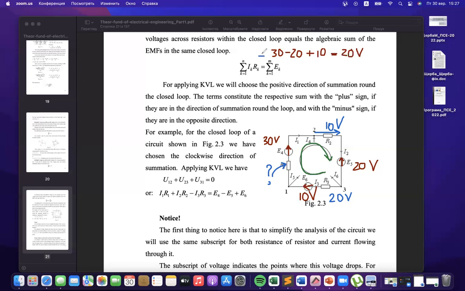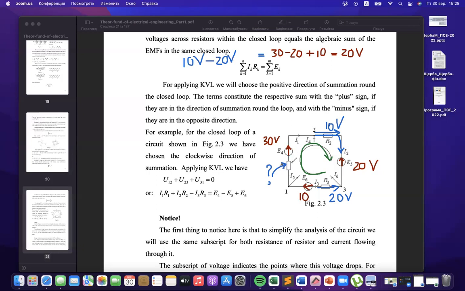It should be equal to the consumers, 3 resistors. What do you have inside the resistors? You see that the current is moving the same way as the green arrow, so it will be 10 volts with plus. And also current number 3 is in the opposite direction, as you see the arrow here, it is oppositely directed. Then it should be with minus 20.